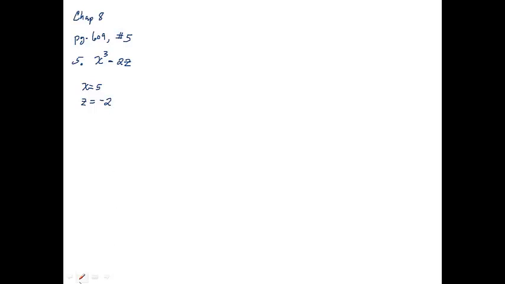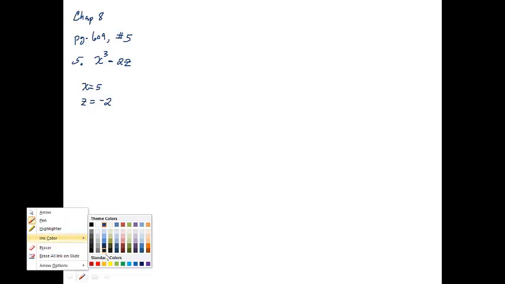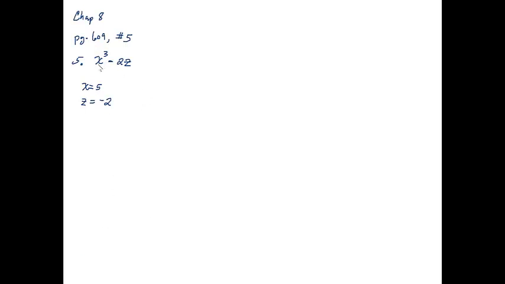When it says evaluate, all we have to do is plug in the values for each variable. Everywhere we see an x, we're going to make it a 5, and where we see a z, we're going to make it a -2. So this will become 5 to the third power minus 2 times -2. So 125 plus 4 is going to be 129.